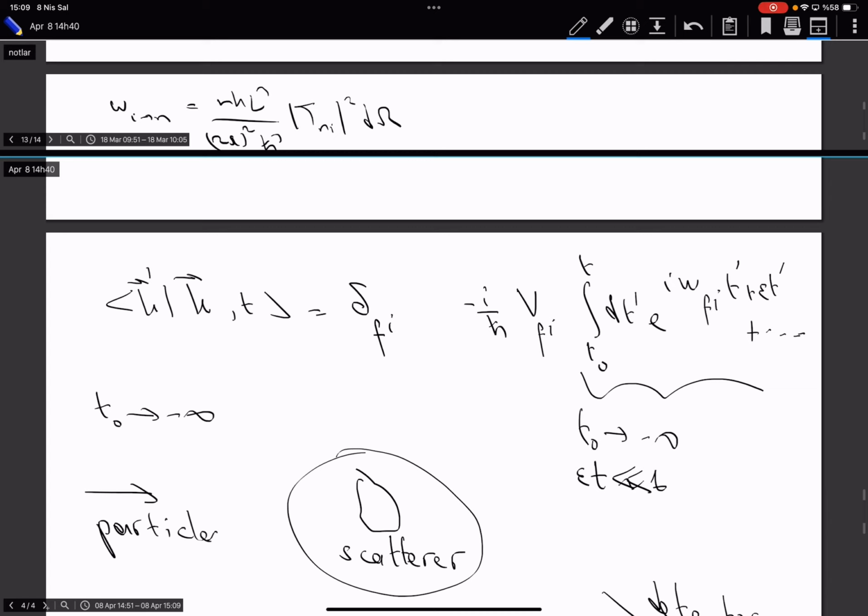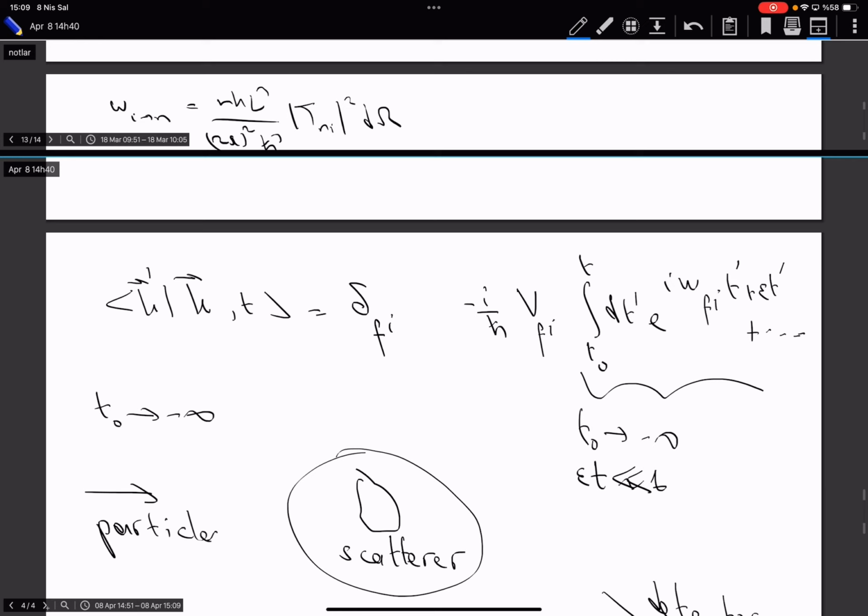It reaches its full power now when the scattering is happening. And since I'm interested in the transition rate, it should only depend on what my potential is now, because the transition rate should turn out to be independent of time.